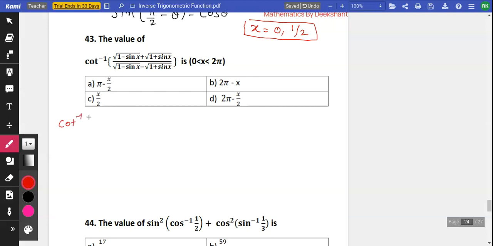Cot inverse of (square root of 1 minus sin x is cos x by 2 minus sin x by 2) over (square root of 1 plus sin x is cos x by 2 plus sin x by 2).